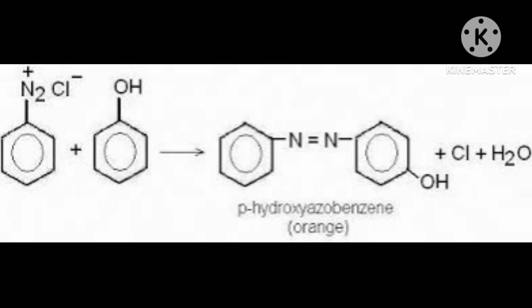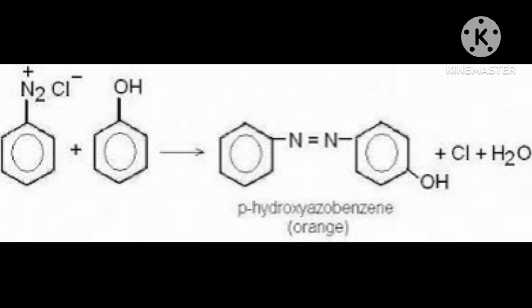Correct? Then both sides have a benzene ring, and with one benzene ring OH is attached. Plus HCl you will get. Okay. Then this is called para-hydroxyazobenzene. This is the orange dye, the color is orange. That is called orange dye.